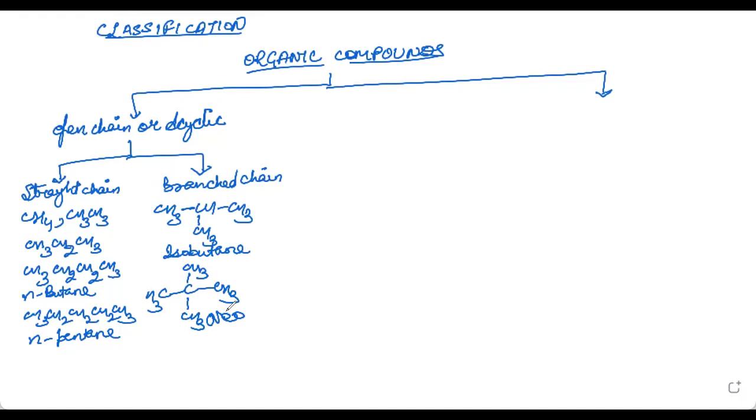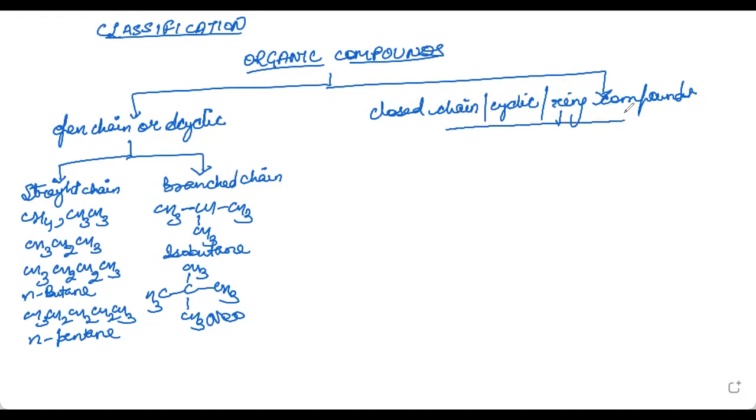Then the second type is closed chain or cyclic or ring compounds. Now in this, we can further categorize into 2 categories.